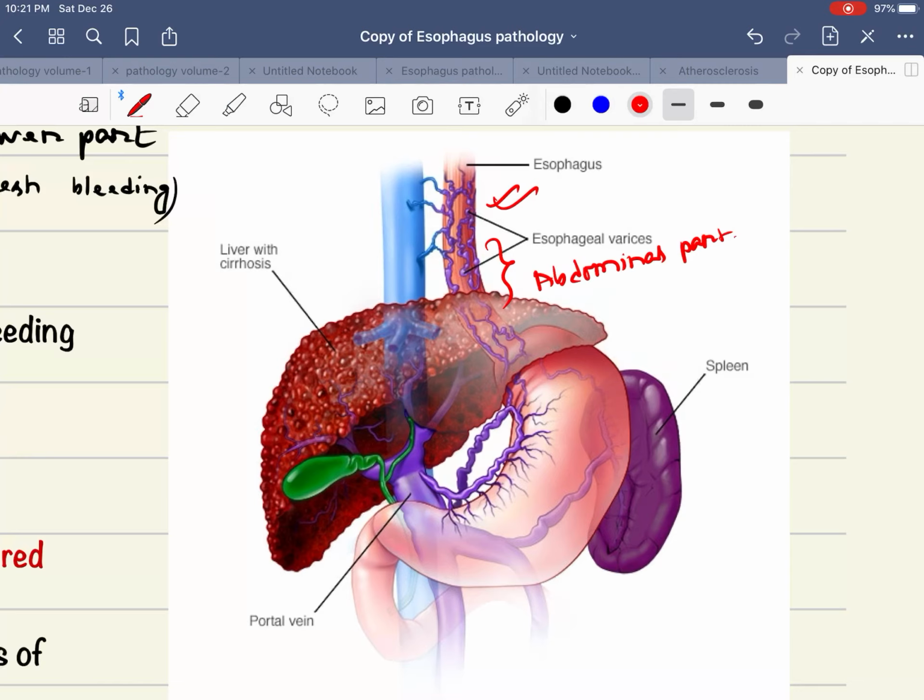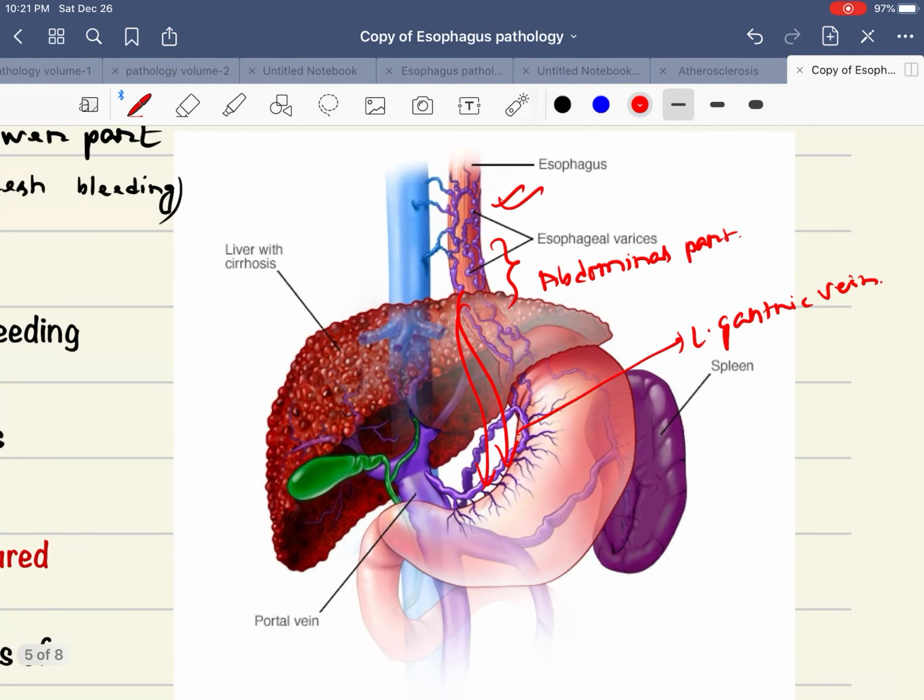And this abdominal part is drained by the left gastric vein. You can see that these veins drain into here, and this is the left gastric vein, and this left gastric vein ultimately drains into the portal vein. This is the portal vein, and this portal vein goes to the liver.